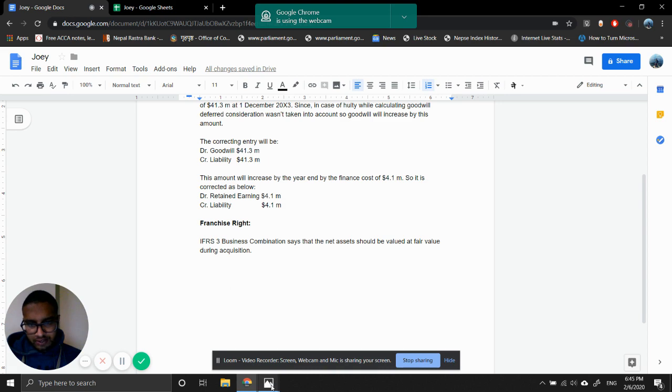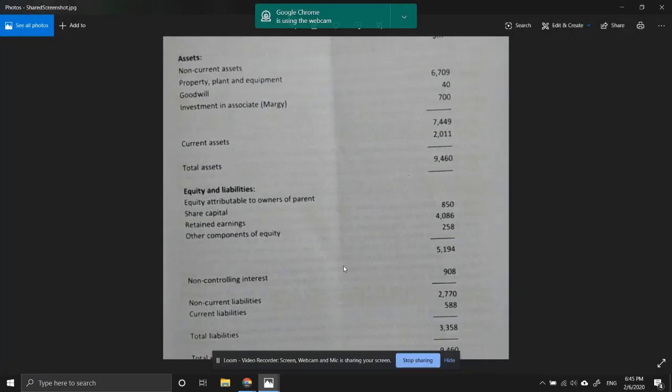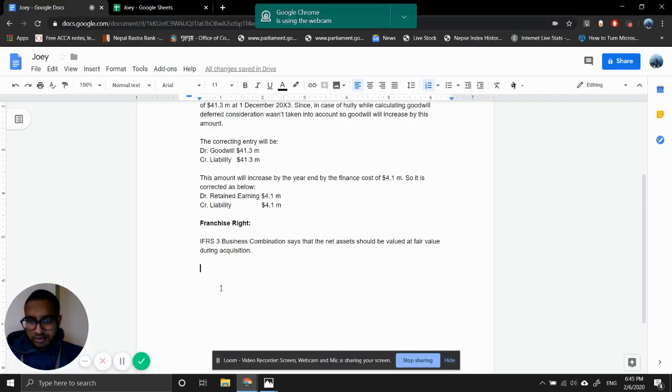Okay, so let's see our financial statement. Is there any intangible assets? No, it has not recorded any intangible assets. Okay, let's do that.